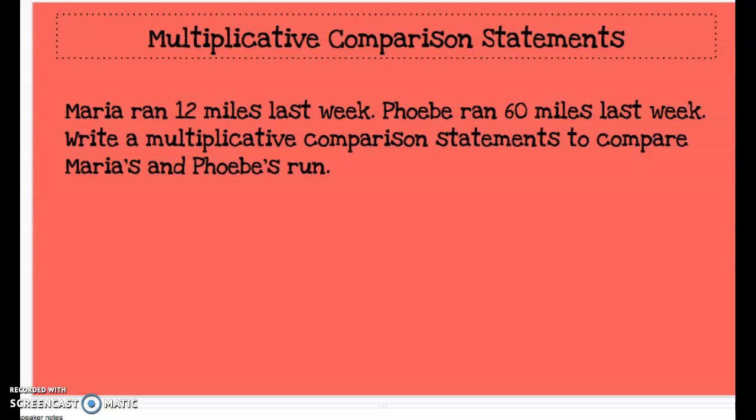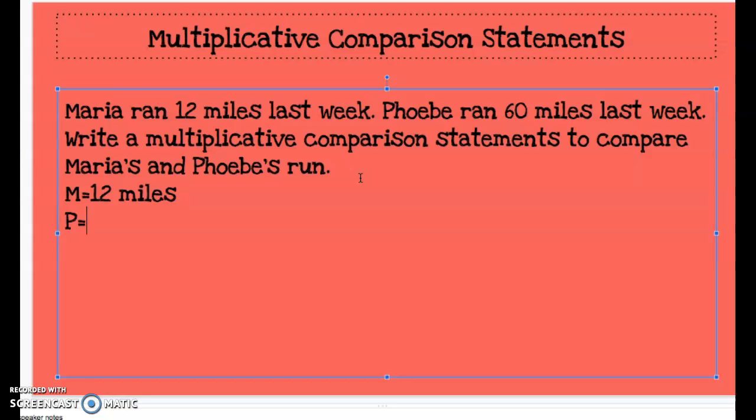Maria ran 12 miles last week. Phoebe ran 60 miles last week. Write a multiplicative comparison statement to compare Maria's to Phoebe's run. So let's think about what we know here. I know that Maria ran 12 miles.